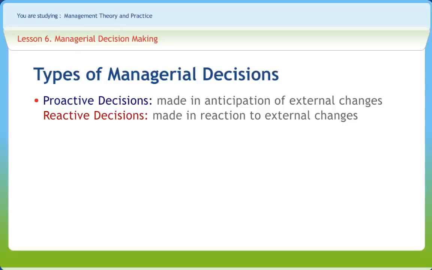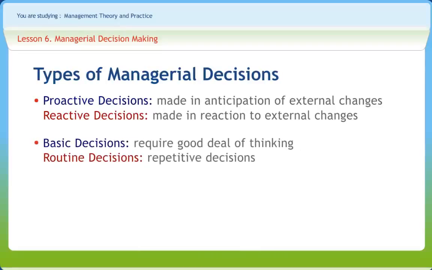Also, there are basic decisions and routine decisions, between which the former require a good deal of deliberation, while the latter, as the name suggests, are repetitive in nature, and they involve the application of familiar principles to a situation.